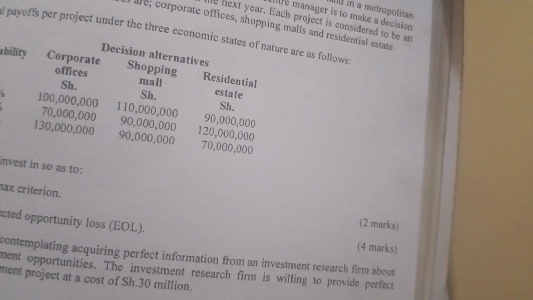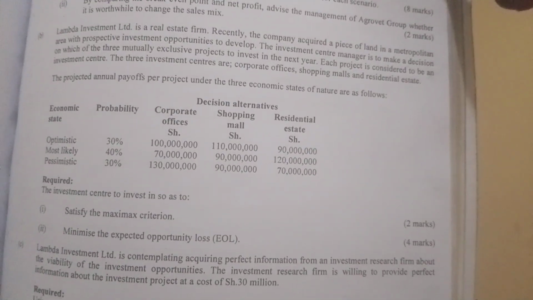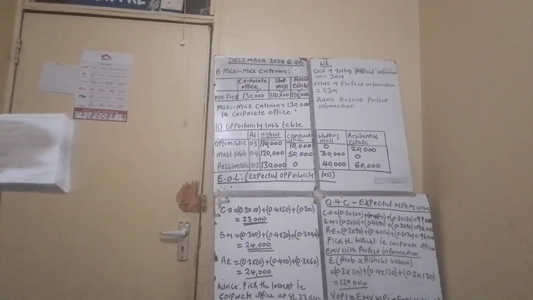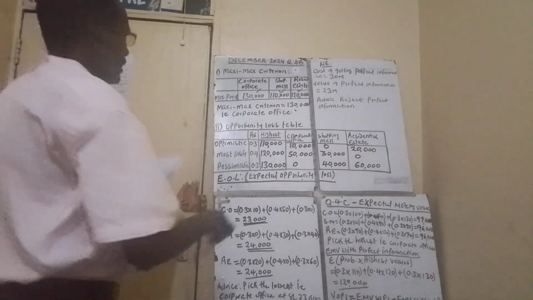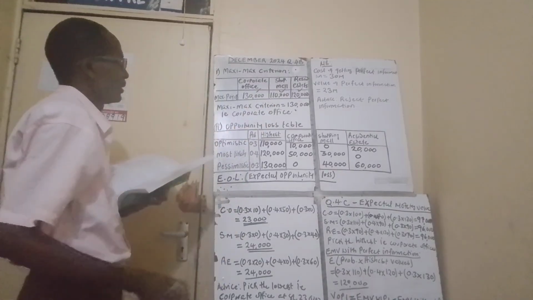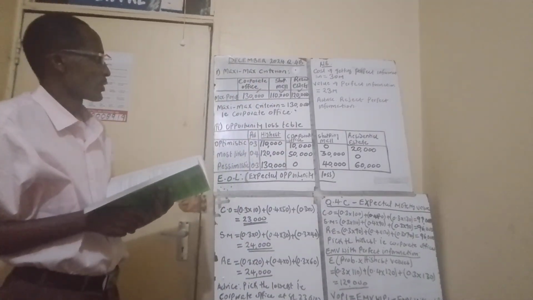Residential estate, the highest, 120. Because you are using max criterion, you pick the highest. And the highest you have seen, the maximum payoff, is 130. So 130 corresponds with corporate office.